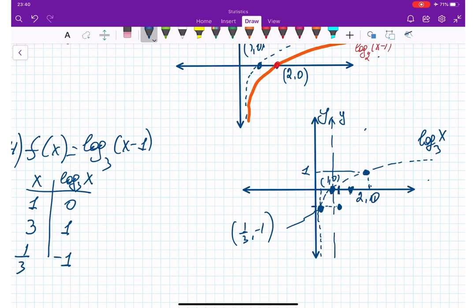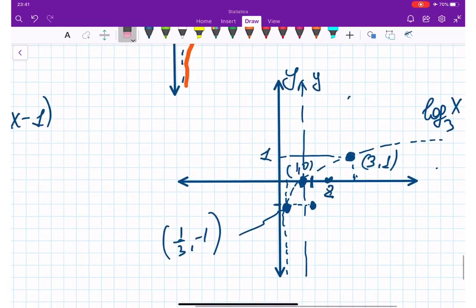And the last point, which coordinate of this one was how much? This is 3 and 1. So 3 plus 1, we're changing x, right? It's going to be 4 and 1. Let me clean this. Let me zoom it so you can see better.